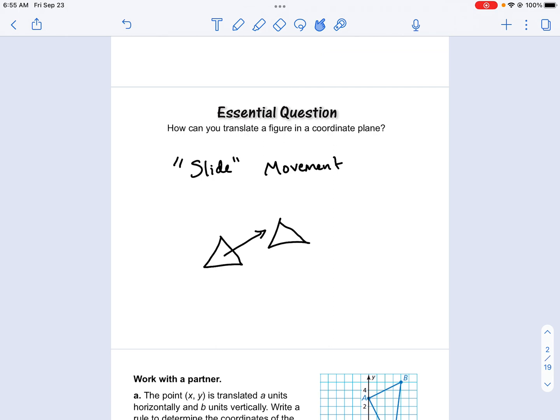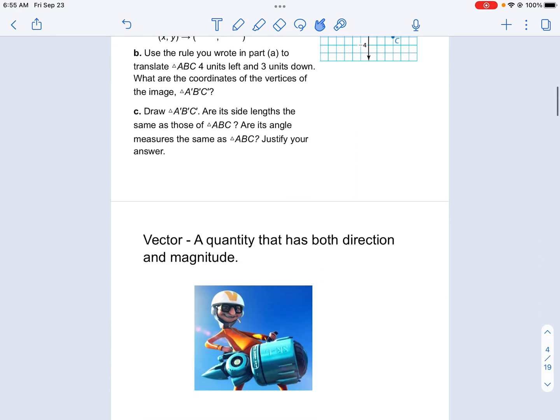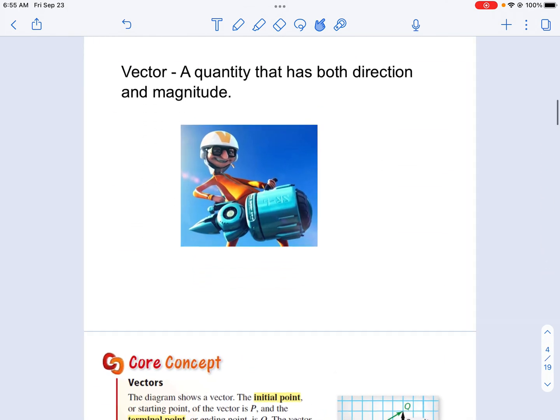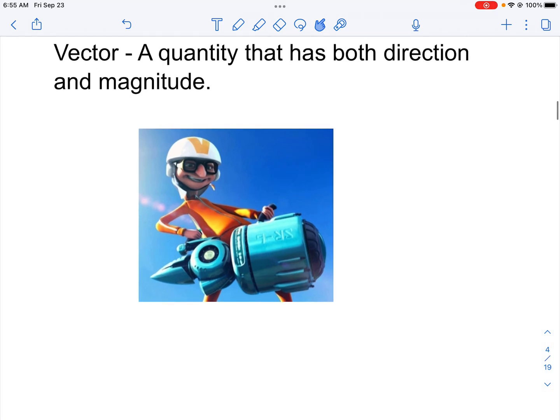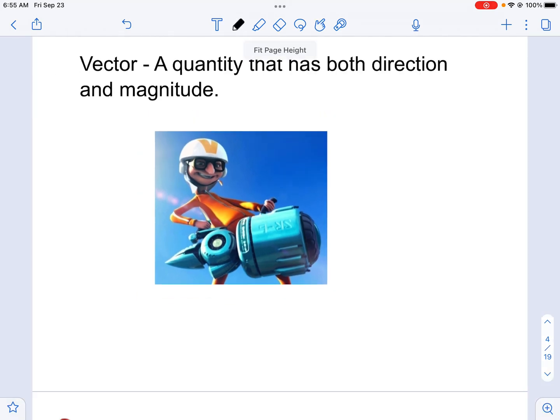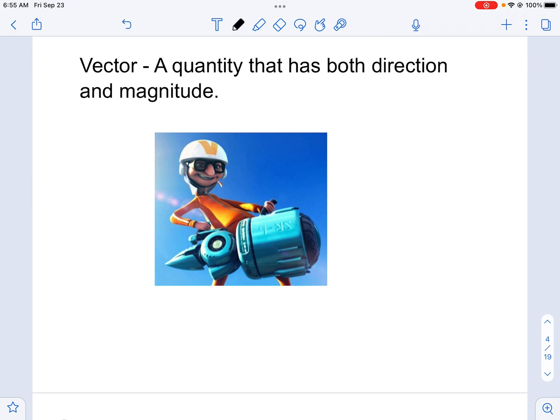Now, when we are using a slide, we need to create a vector. And yes, this is the vector. I think this is from Incredibles, maybe? I don't know. Anyway, so a vector is a directional movement.